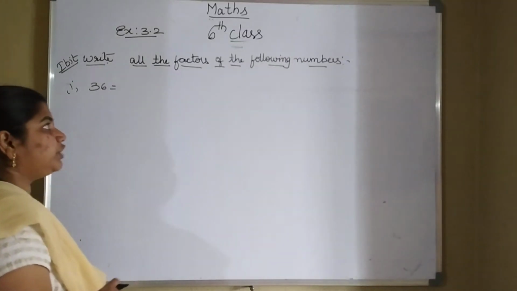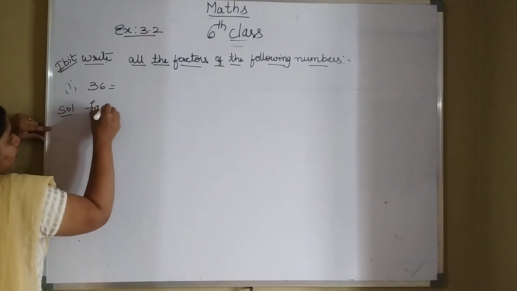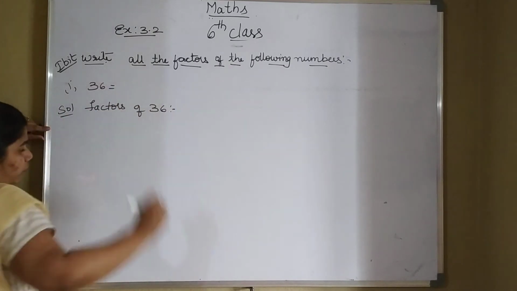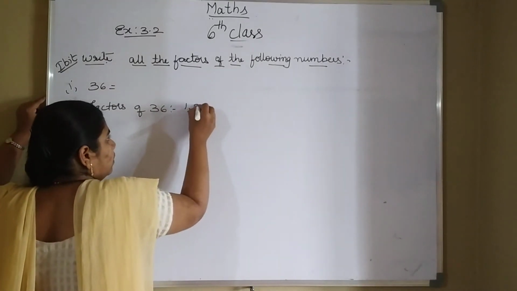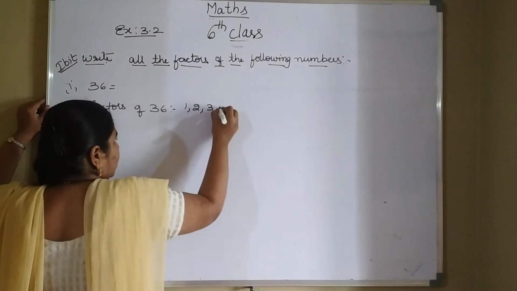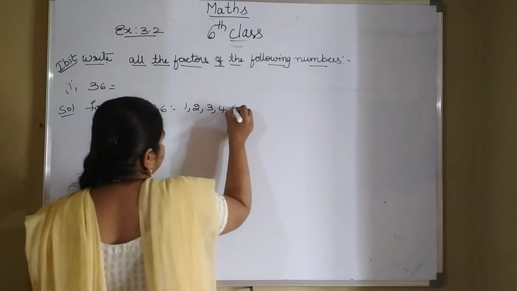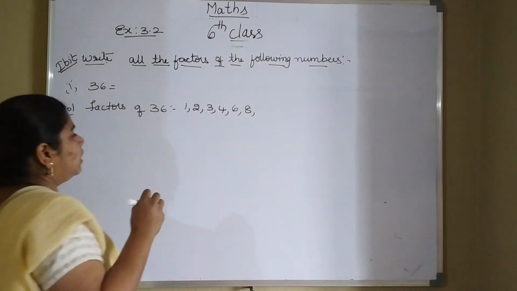36 will go in which tables we have to write here. So factors of 36. So what are the factors of 36? It will go in which tables? 1, 2, 3, 4. Next 5 will not go. 6, 7 will not go. 8, 9, how many?